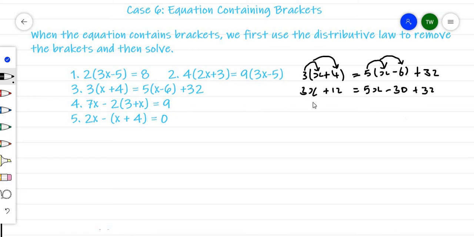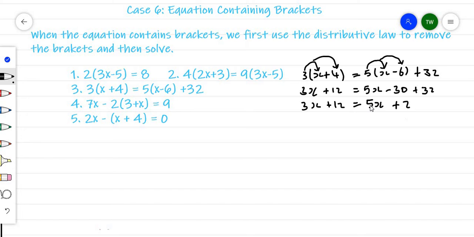So I'm going to keep every term here. So I'm going to write out my 3x plus 12 equal to 5x minus 32 plus 32, that's going to give us positive 2. Now at this stage, what we can do is to group the like terms, right?